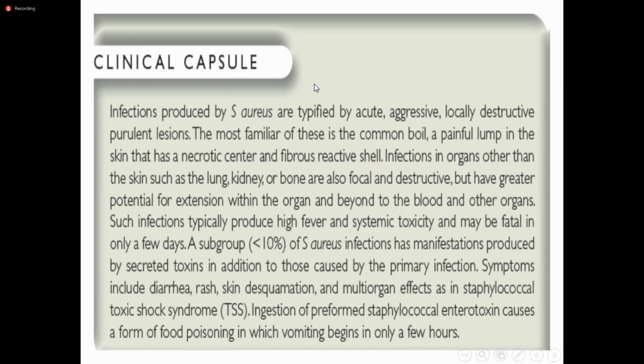So locally: boil, pyogenic, purulent, destructive. When it goes systemically, it can involve many organs with fever and toxicity and can lead to TSS.